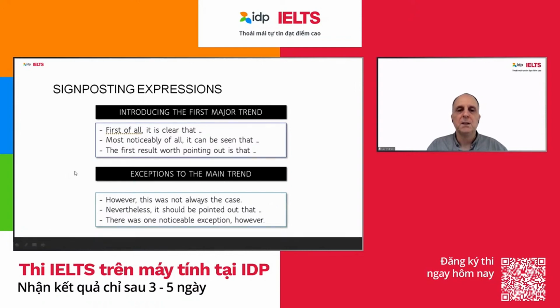So you can see here the first result worth pointing out is that we've got quite a few words there. Remember, maybe some of these longer phrases will help you get to your 150 word mark and above.